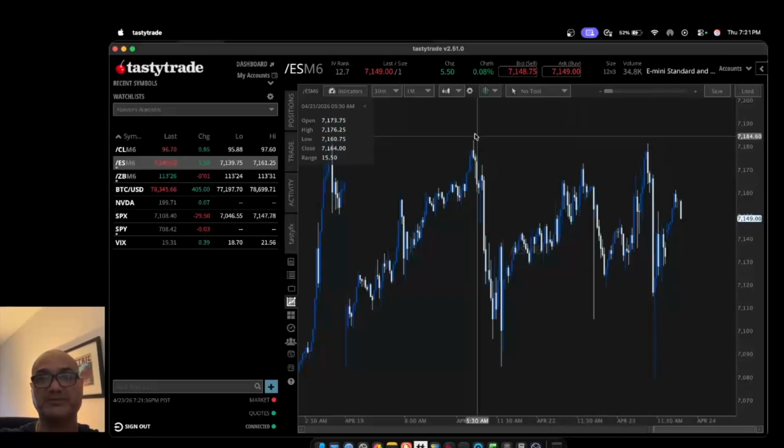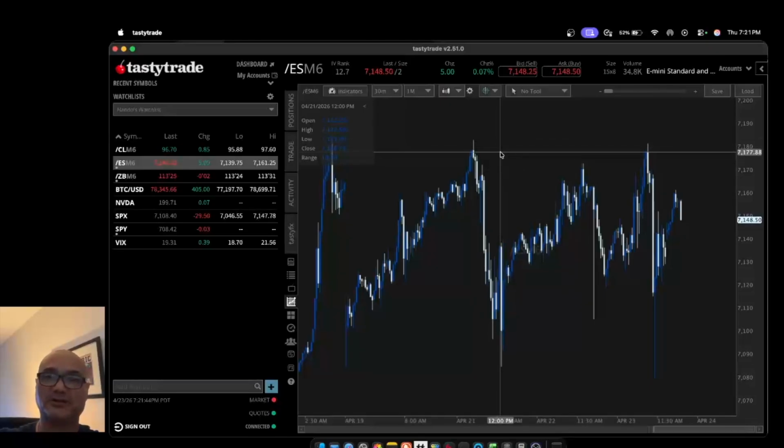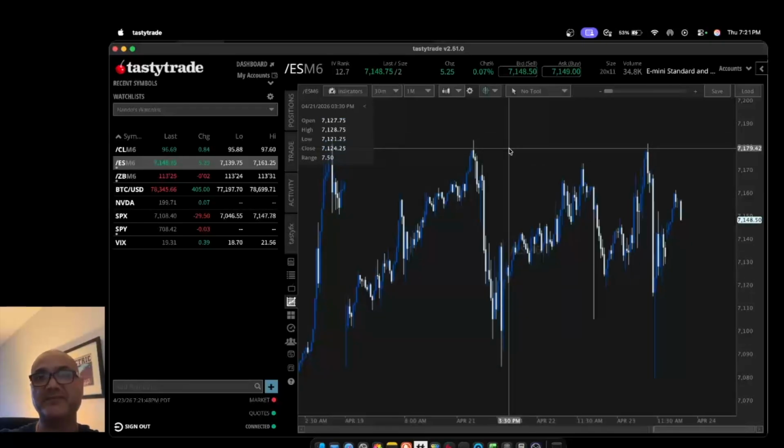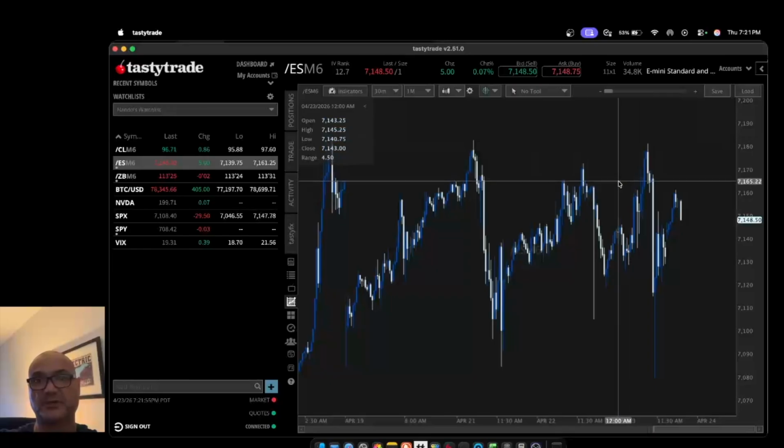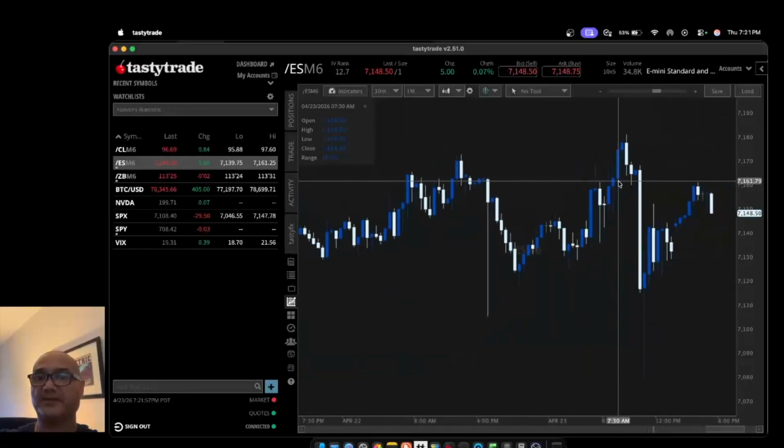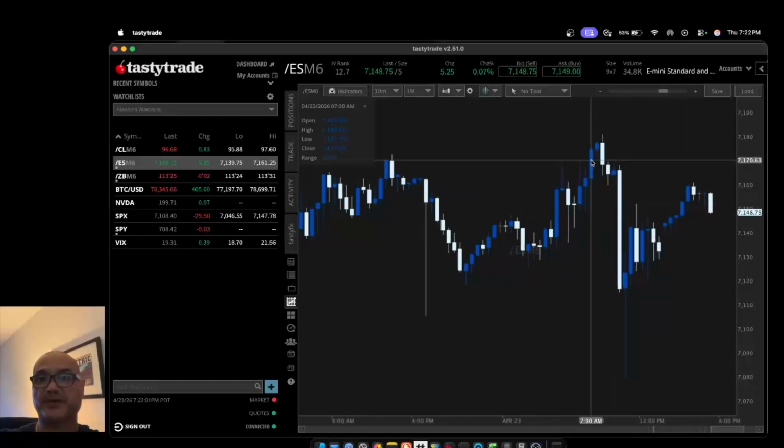Anyway, I was interested in selling in this general area that I mentioned in the previous video. So somewhere between, let's just call it 70, 75, 85. In that area, I was interested. So I did, and I created a short delta risk reversal. Now, expanding this chart a bit, we can see that I took a break sometime around 9, 10 o'clock, something like that.